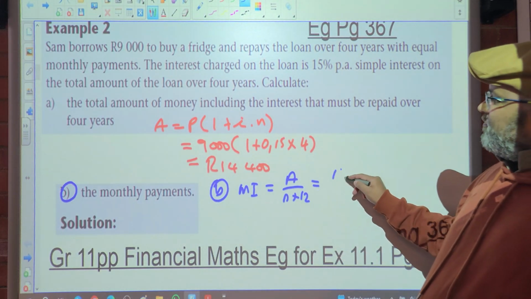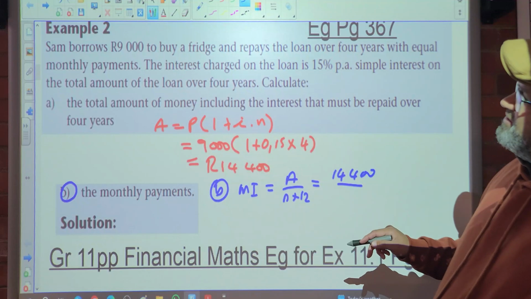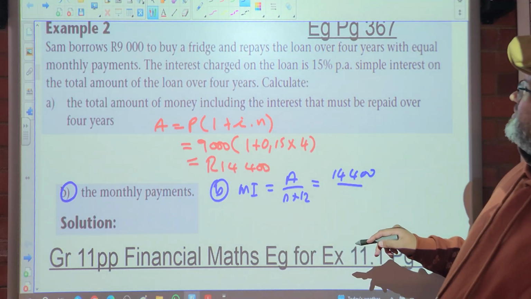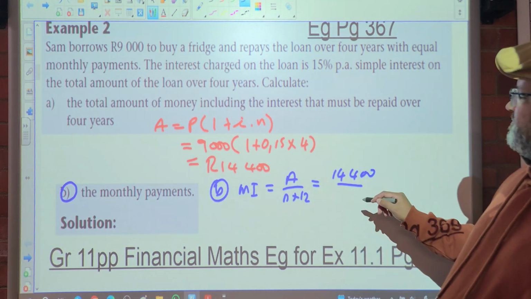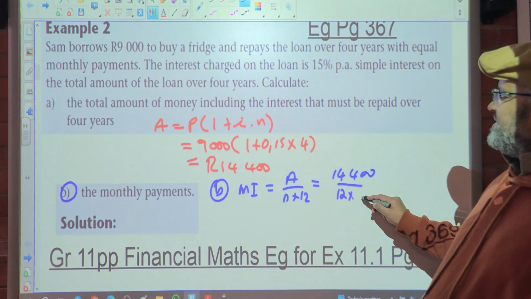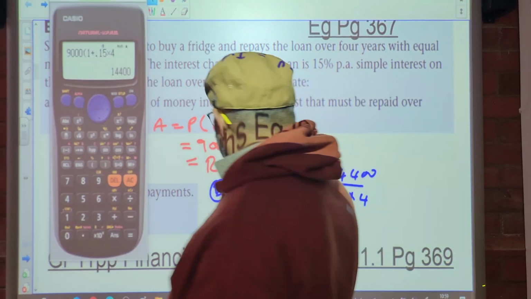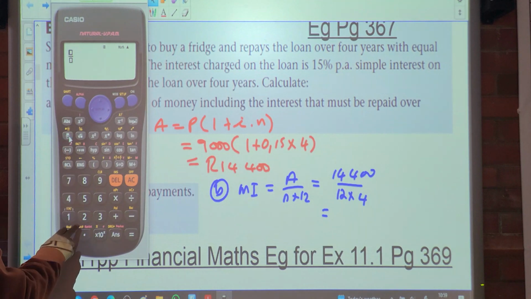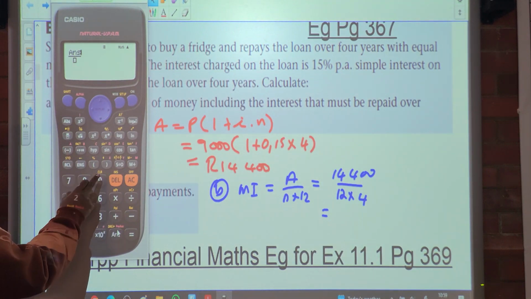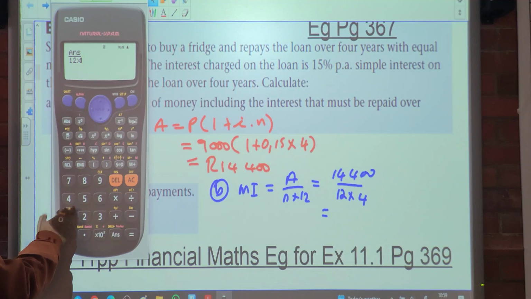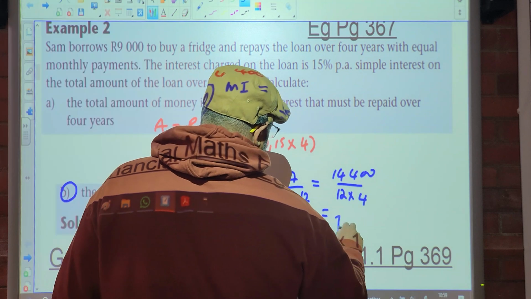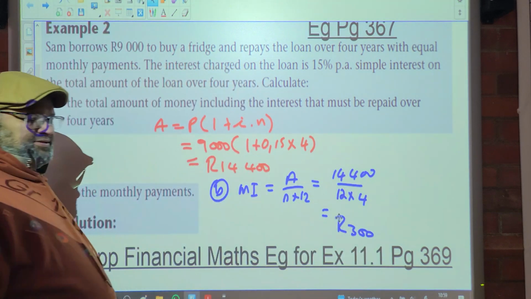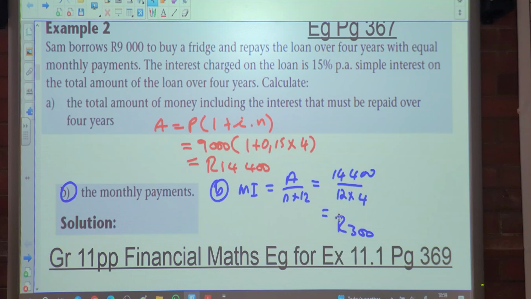So that would simply be 14,400 divided by 4 years with equal monthly payments. So it's going to be 12 times 4 years. Are you all okay with that? That is 14,400 over 12 times 4, which is 300 rand per month. Is that correct? Okay. Any confusion here? Okay. So let's carry on.